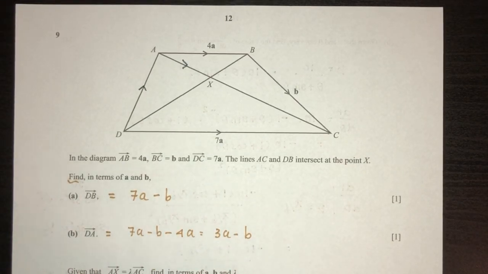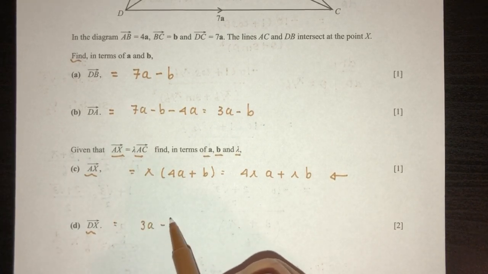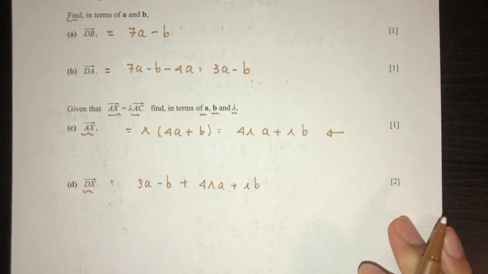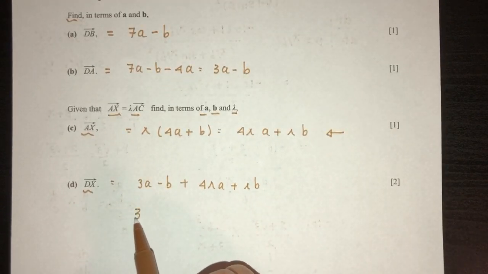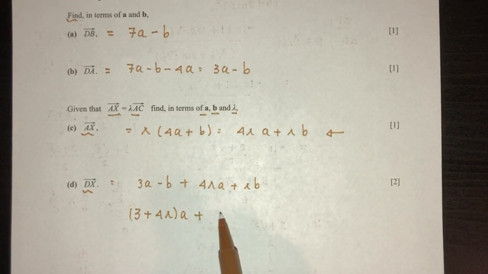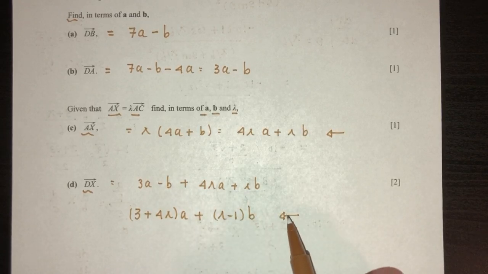DA is 3A minus B. And then AX will be this one, which is 4 lambda A plus lambda B. So let's simplify. You will have (3 plus 4 lambda) A plus (lambda minus 1) B. That will be your DX. Okay, that is part D of the question.